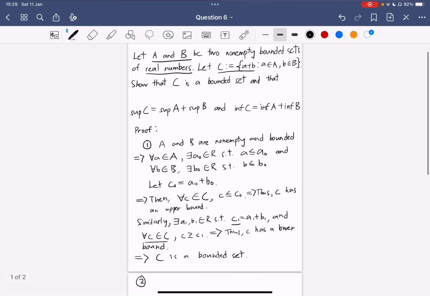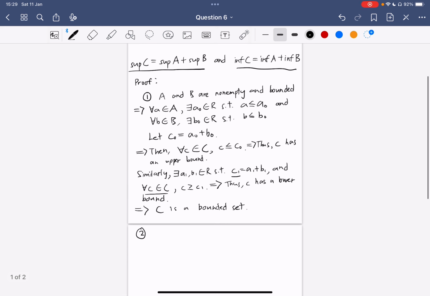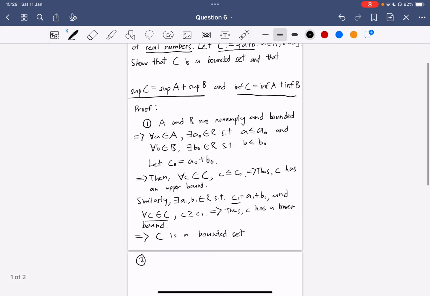Second part, we want to show that sup C is equal to sup A plus sup B, and inf C is equal to inf A plus inf B. Okay, so how do we do that?